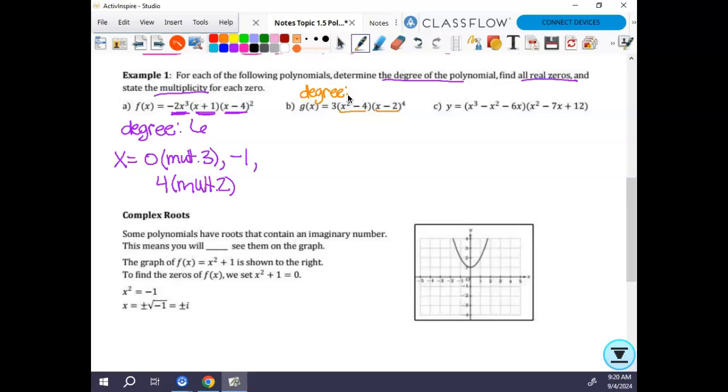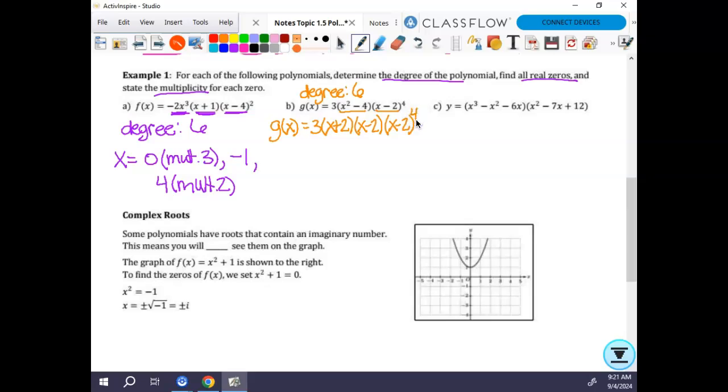This will give me x to the what? 4th times x squared gives me 6. And then I need to factor that. So g of x equals 3 times x plus 2 times x minus 2 times x minus 2 to the 4th.